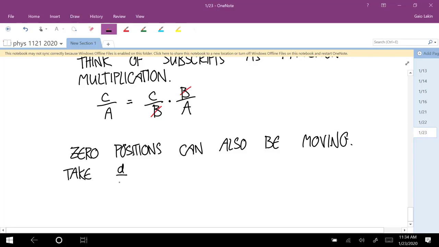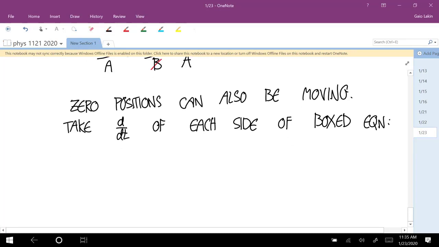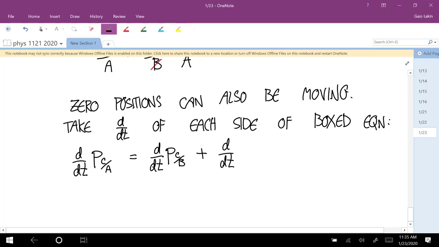the time derivative of each side of the boxed equation above, you get d/dt of the position of C relative to A is equal to d/dt of the position of C relative to B plus d/dt of the position of B relative to A. Well, these are just velocities.